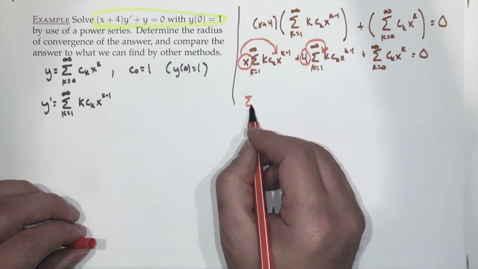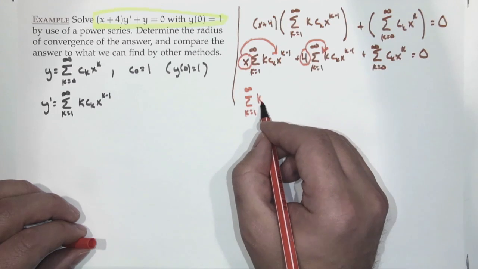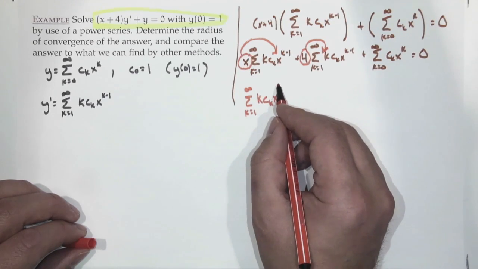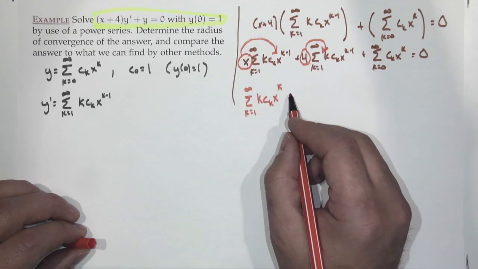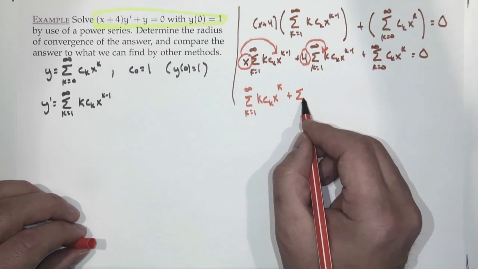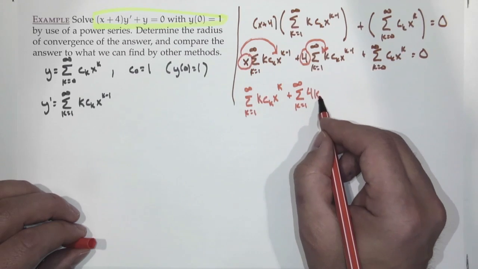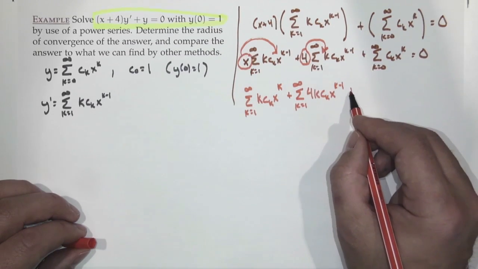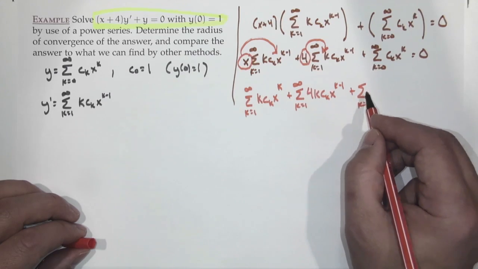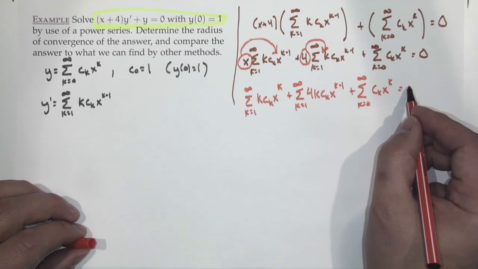So this is the sum, k equals 1 to infinity of k c_k x^k, plus the sum 1 to infinity of 4k c_k x^(k-1), plus the sum 0 to infinity of c_k x^k. And we set that equal to 0.